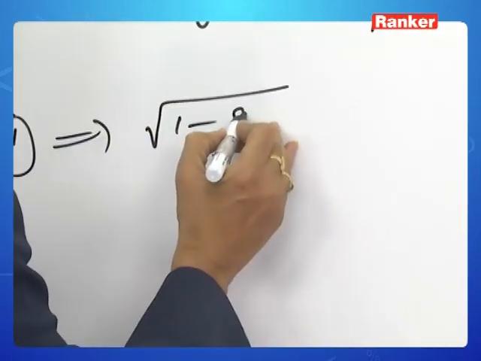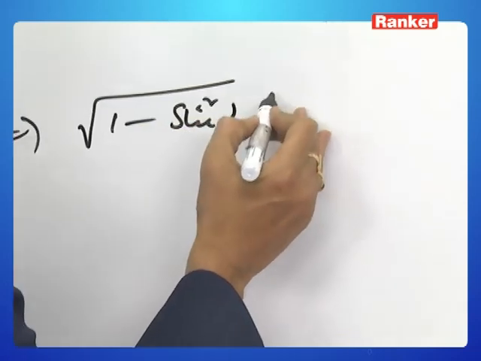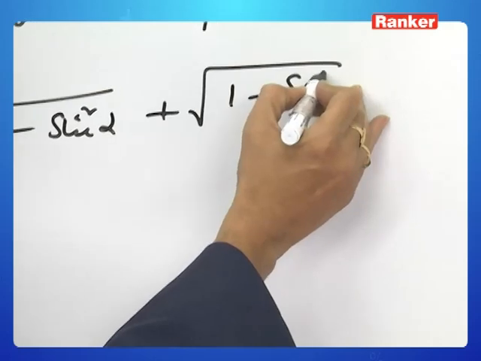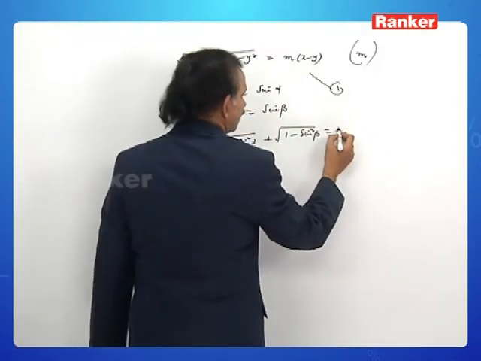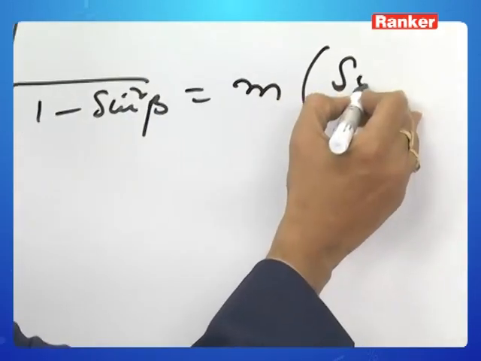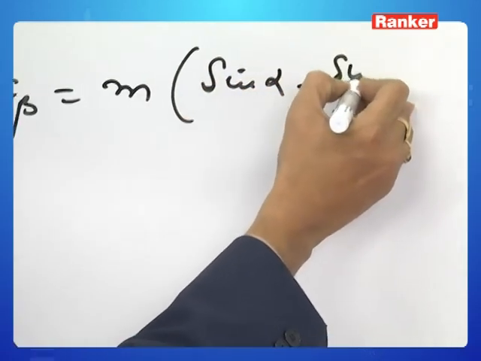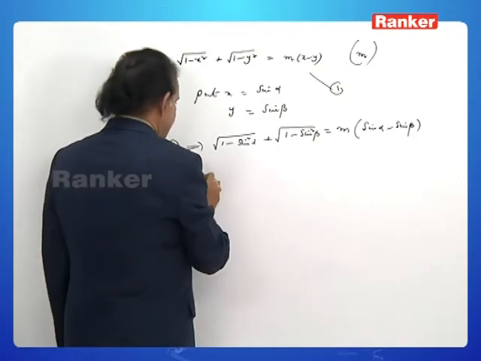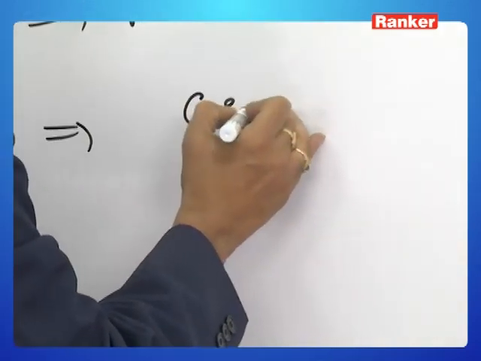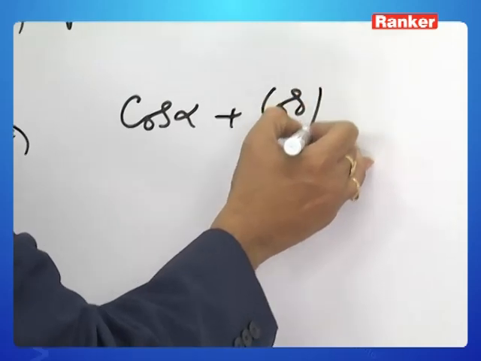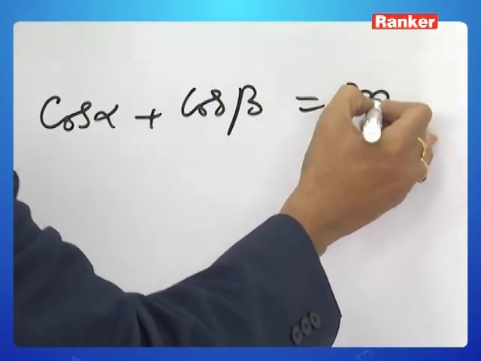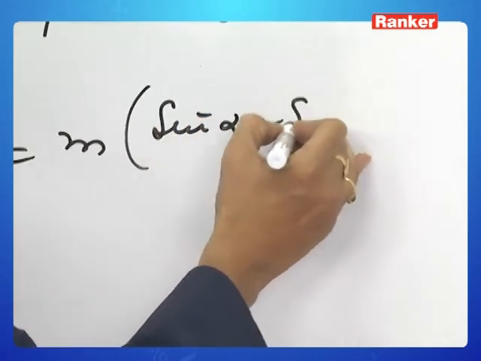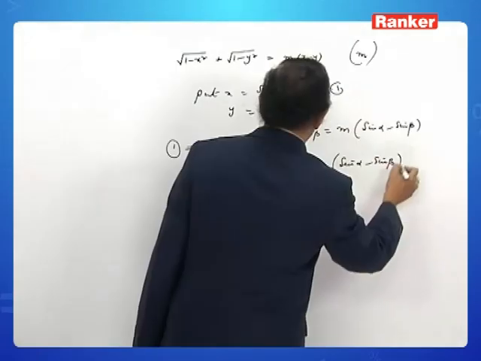Square root of 1 minus sine square alpha plus square root of 1 minus sine square beta is equal to m into sine alpha minus sine beta. It is nothing but cos alpha plus cos beta is equal to m into sine alpha minus sine beta.